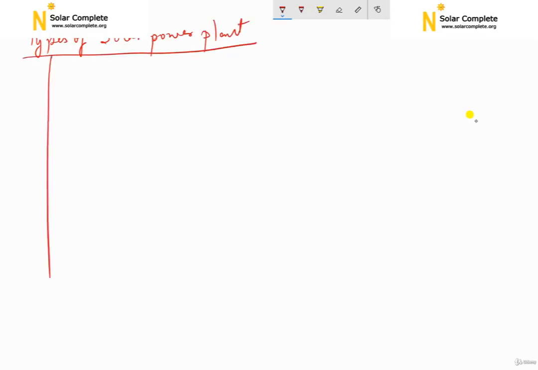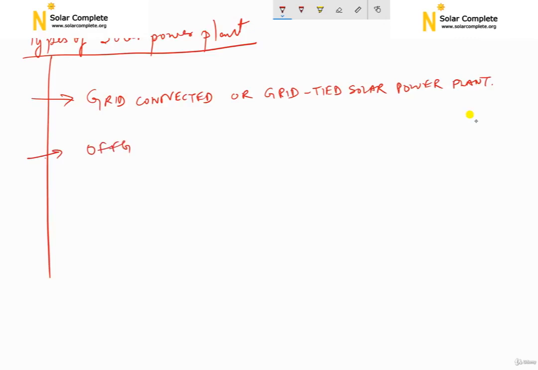Grid tie solar power plant. Now in a grid tied solar power plant, the first thing you have to know is that the grid line, or we can say the power utility line, the nearest power utility line, is compulsory to connect with the solar power plant.